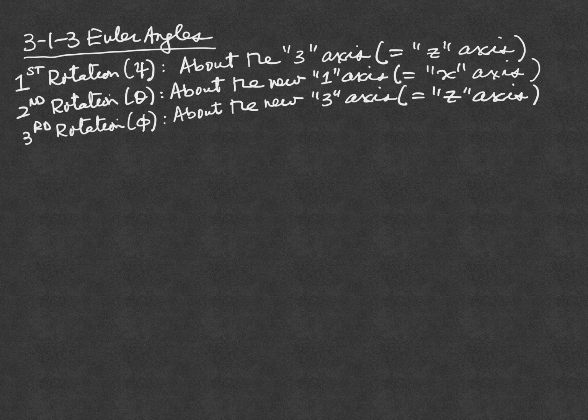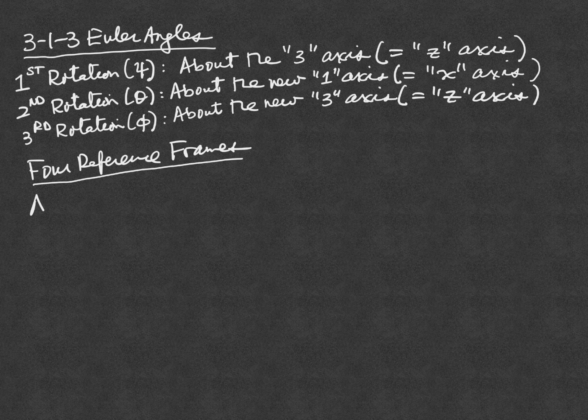Now, in order to be able to determine these rotations and quantify them, we need to determine reference frames that are associated with these rotations. In other words, reference frames that are fixed in each of these rotations. So we need 4 reference frames. Now, the first of these reference frames is the base reference frame, which is going to be called A. So this is the base reference frame.